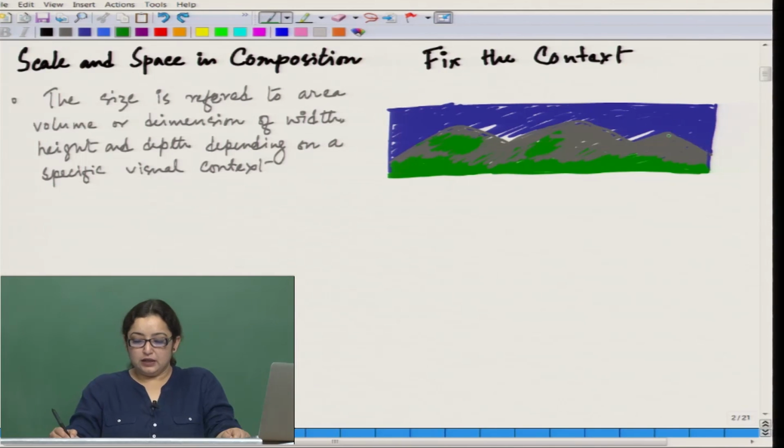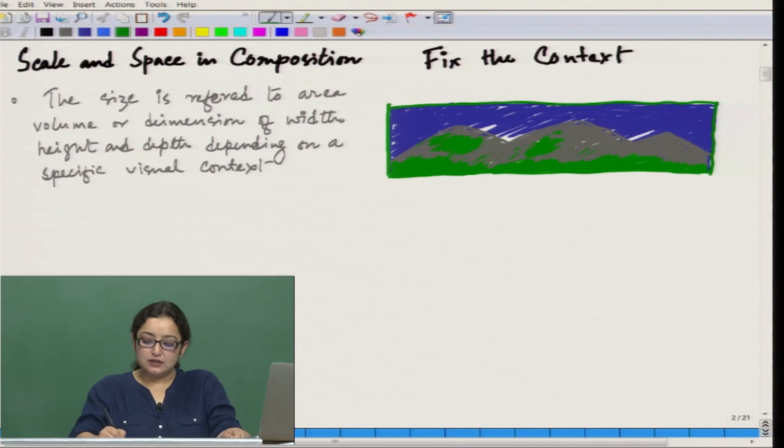Now, when we say that we are fixing our context, the context is a night sky, a dark blue sky with some mountain and the forest, we need to know how we fix the proportion of it. So, how much area this whole composition is actually taking becomes our first consideration.